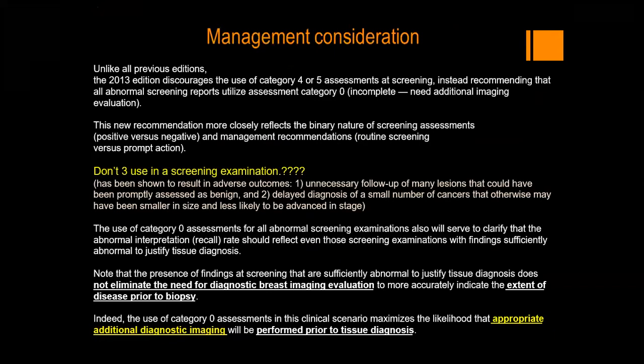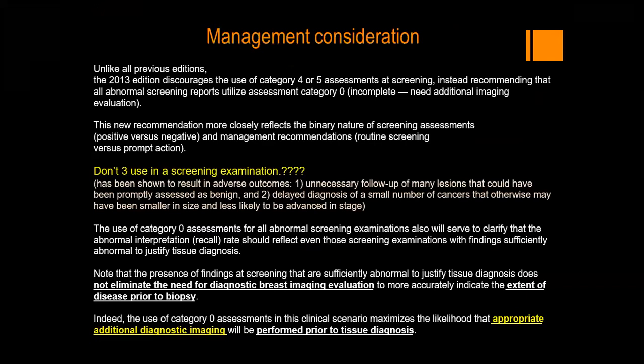Unlike all previous editions, the 2013 edition discouraged the use of category 4 and 5 assessment at screening, instead recommending that all abnormal screening reports utilize category 0, as we mentioned before.